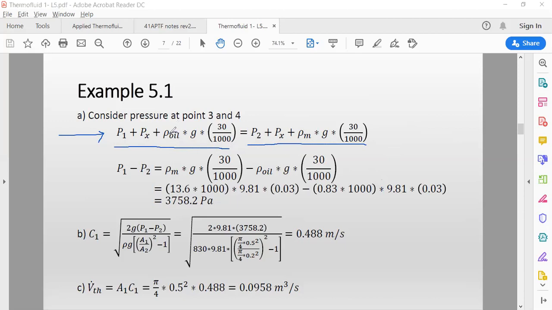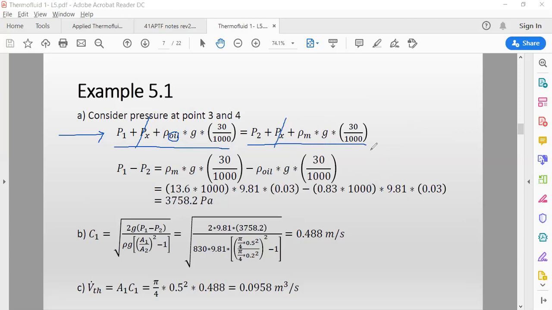The fluid we are using here is oil, so it's not water. It should be the 30 mm of oil and X of oil. Just a small correction. It should be oil, not water. Since the X is the same, it can be cancelled on both sides because both are X of oil.